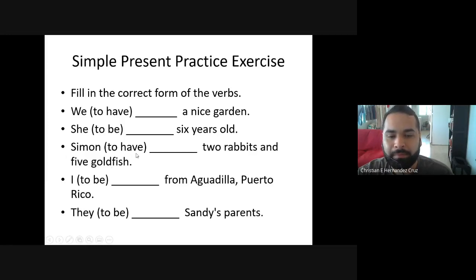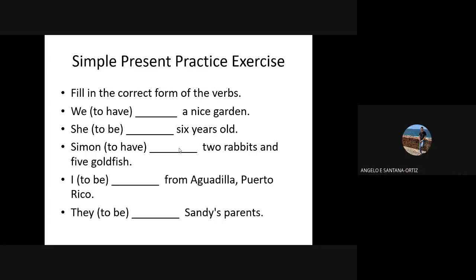Simon, 2 rabbits and 5 goldfish. How do we use to have in this sentence? Simon, 2 rabbits and 5 goldfish. Has. Used to.